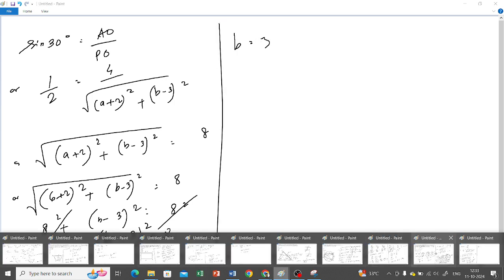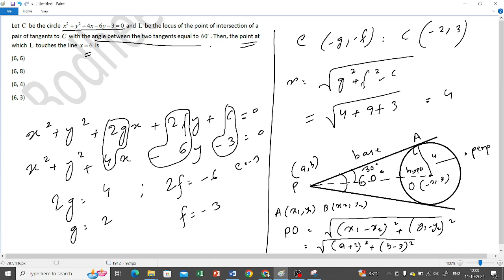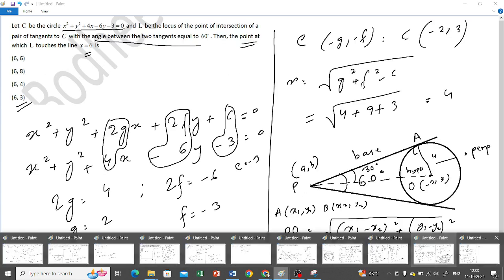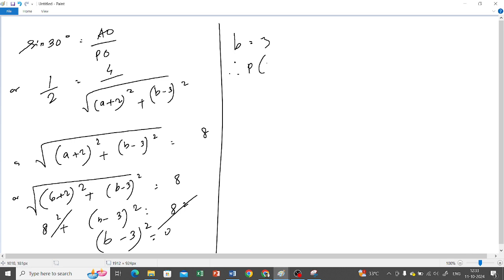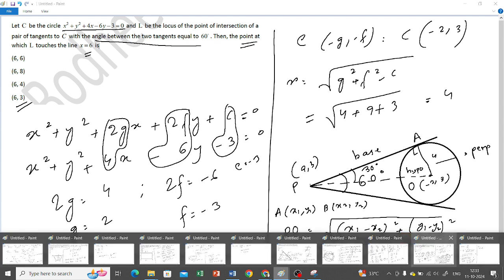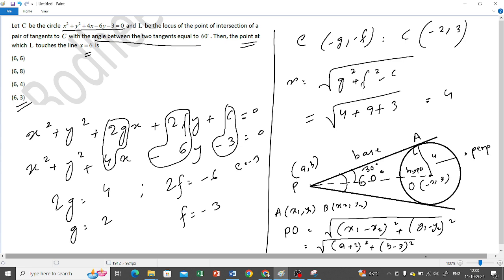B is 3. So what will be the point? 6, 3. Therefore, the point P is 6, 3. Do you understand? Very good.